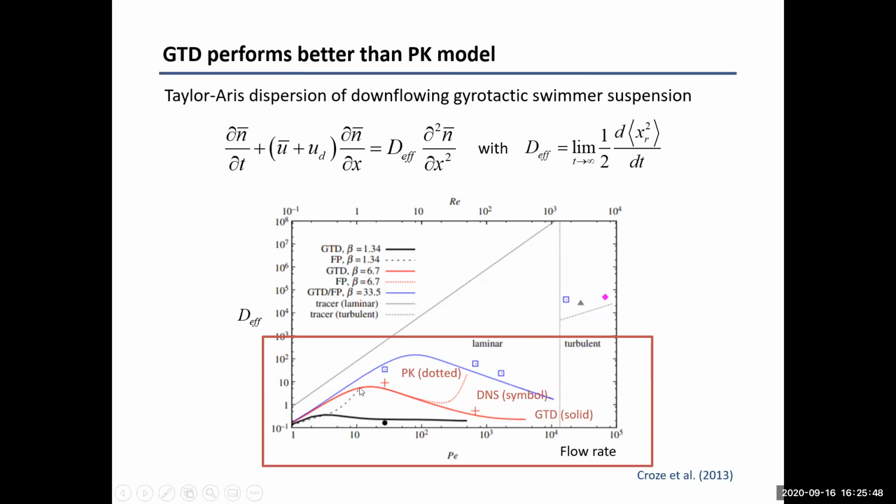You see that the solid curves are the prediction of the effective diffusivity from GTD, generalized Taylor dispersion theory. And the red curves are the prediction coming from the Pedley and Kessler model. And these dots are from DNS. What you can clearly see here is that this effective diffusion is described much better by the GTD model in comparison to the DNS.